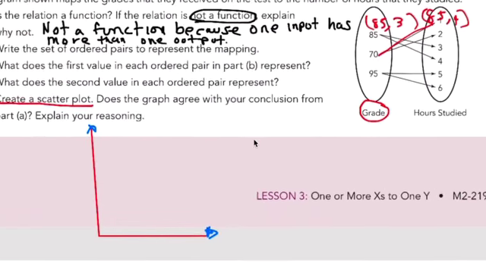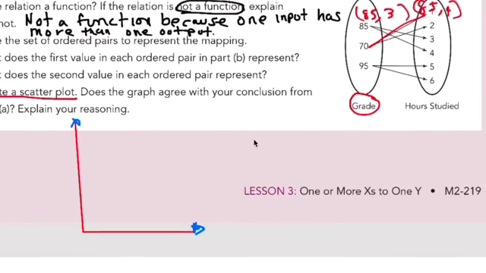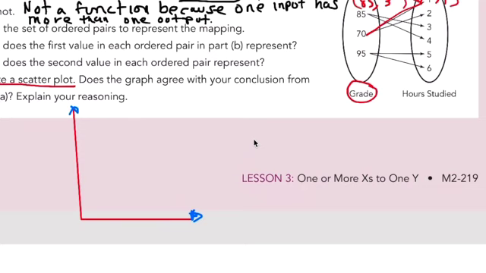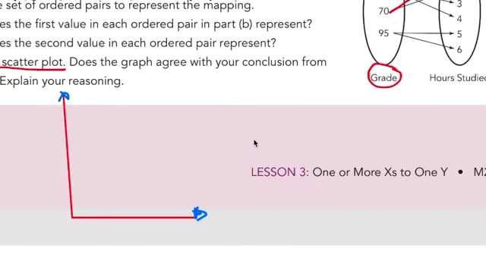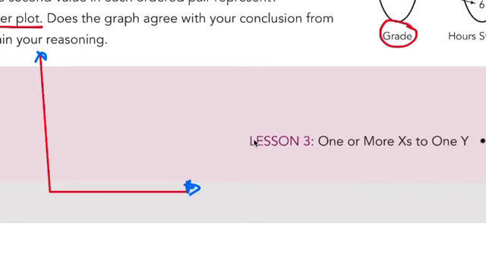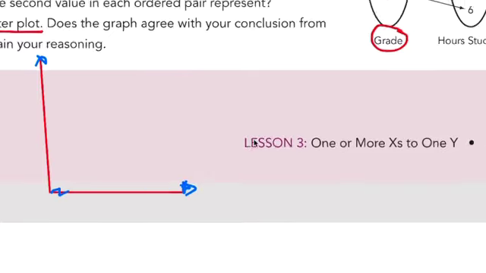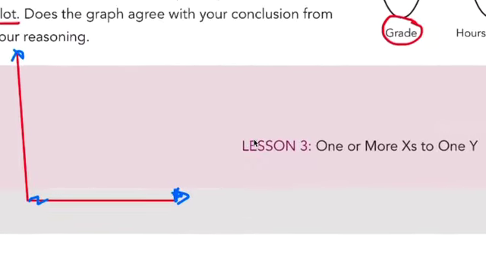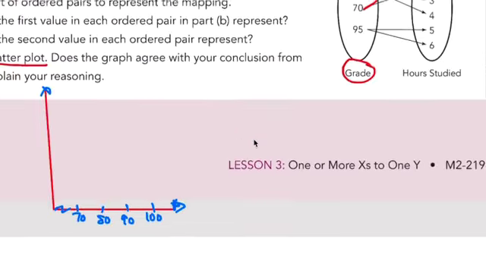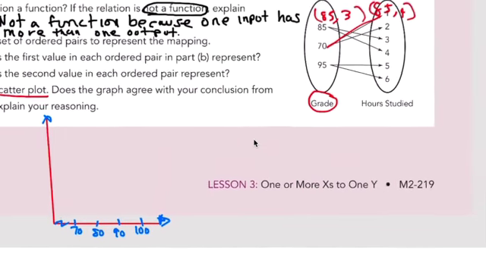Okay, and you graph. You number these. You put the little squiggly line like this, saying there's numbers before it. Then you put before that 70. Then you go 80, 90, and 100. And then hours studied.